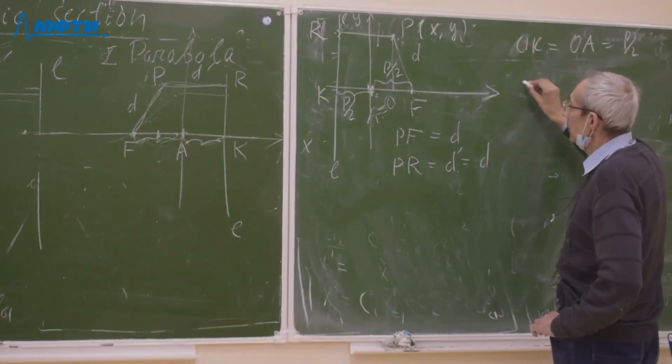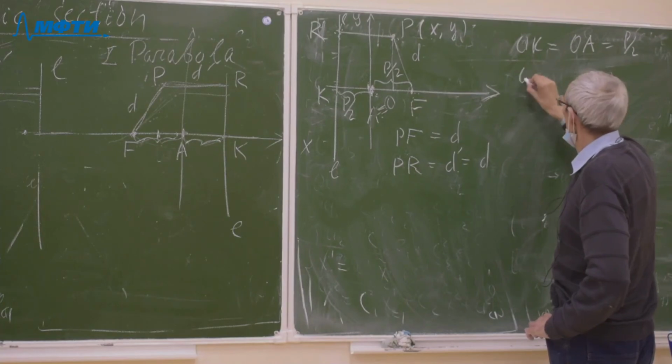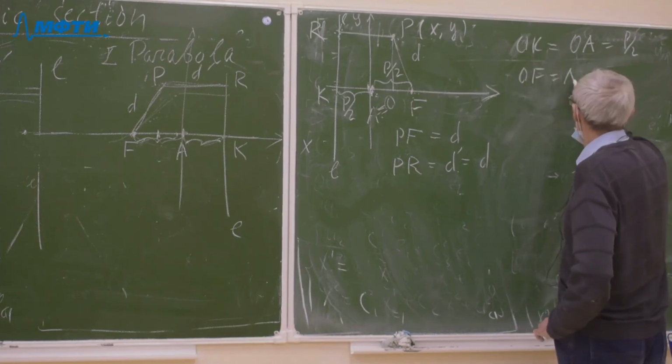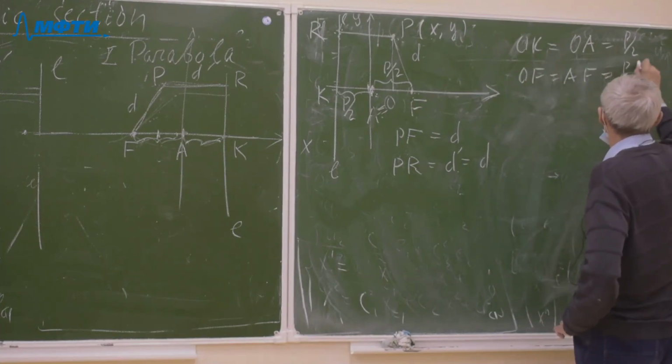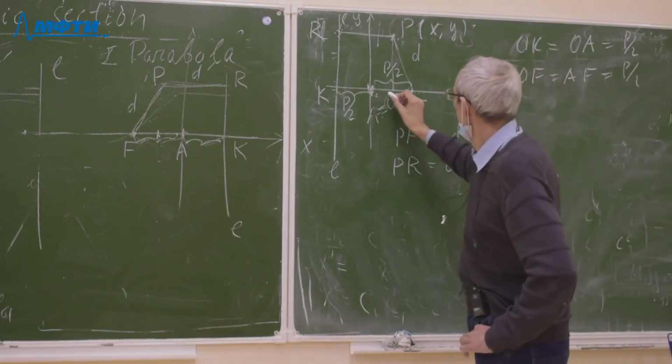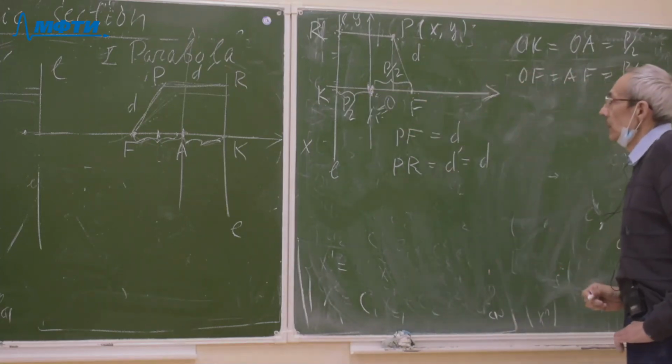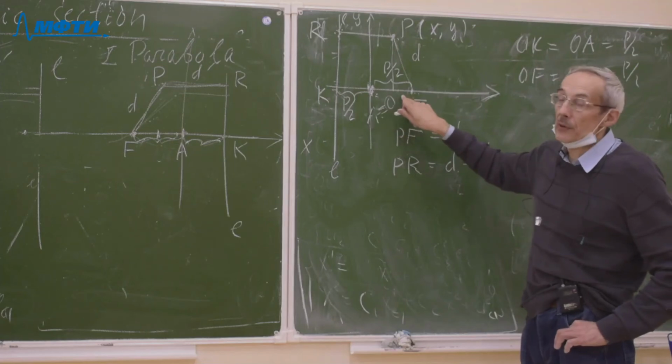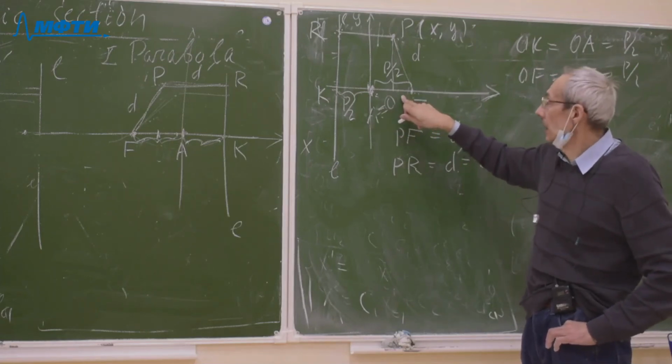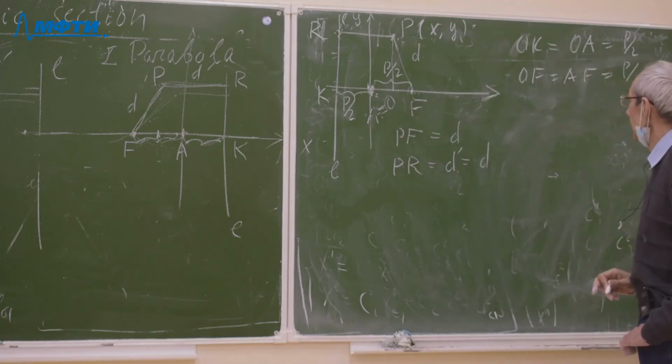And by definition, OF is equal to P divided by 2. The lengths of these two segments are equal to P divided by 2.